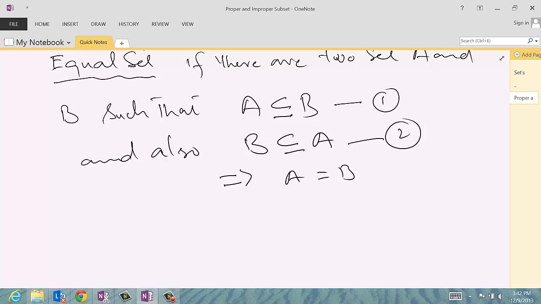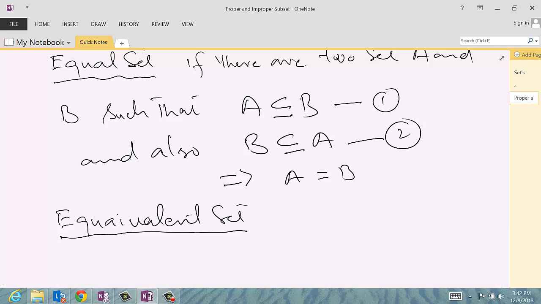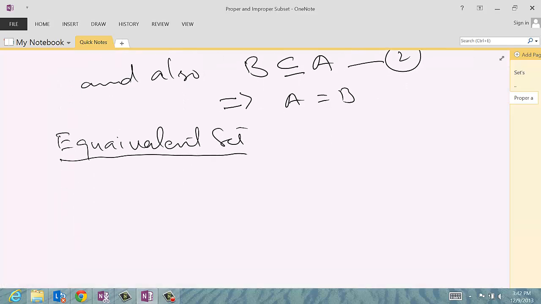And there is another term which usually students may confuse with equal sets. That's equivalent sets. The difference between equal sets and equivalent sets is that in equal sets, both sets essentially have the same elements or the same members. But in equivalent sets, they don't need to have the same elements.